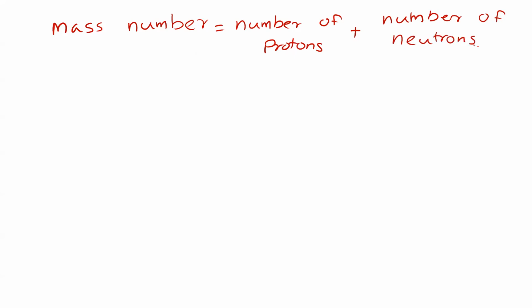Mass number is symbolized by the symbol A. And the number of protons is the same as the atomic number, which is Z. So it's pretty much like A equals Z plus neutrons.